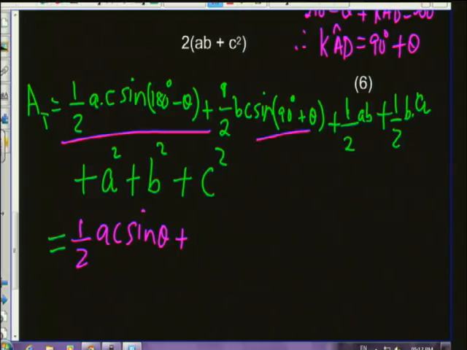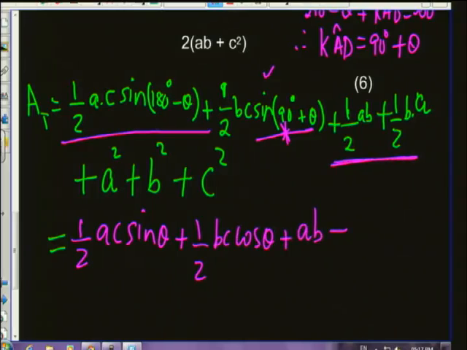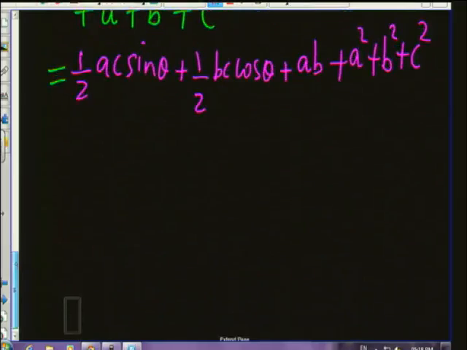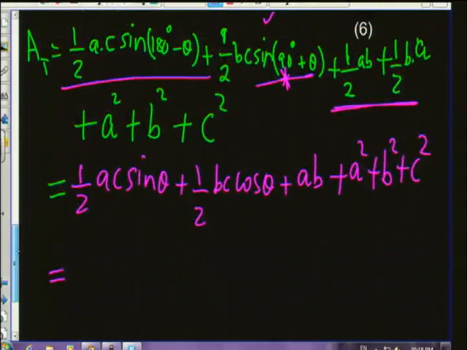Plus, here we have 90 degrees plus theta, the second quadrant, sine is positive, but because of 90 sine changes to cos, so I get half BC cos theta. Now these two are like terms, half AB plus half AB, so we get 1AB plus A squared plus B squared plus C squared. All right, now guys, we're getting there.